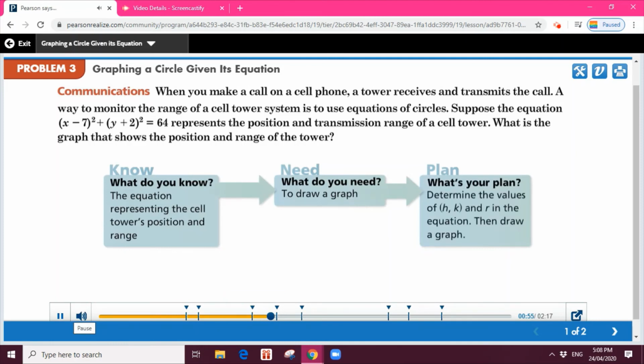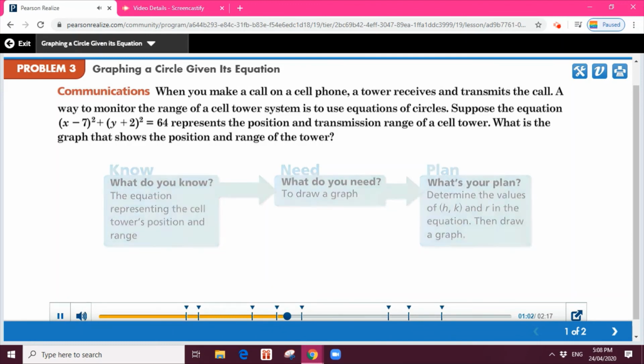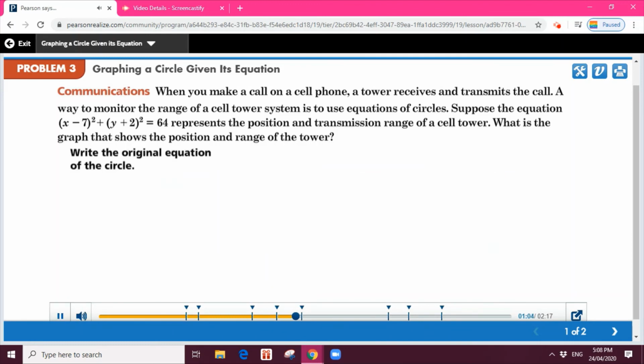Determine the values of h, k, and the value of r in the equation. Then draw a graph. Write the original equation of the circle. Now rewrite the equation using the standard equation to find the values of h, k, and r.